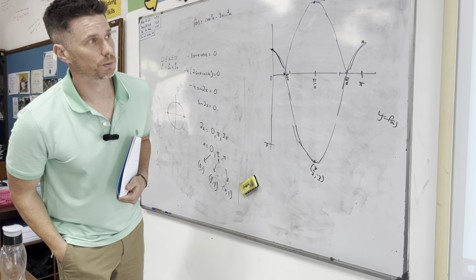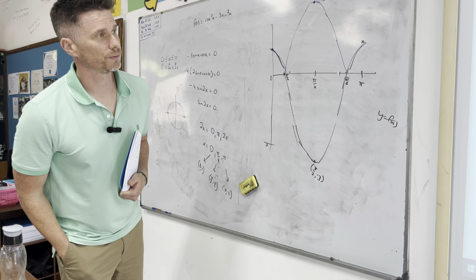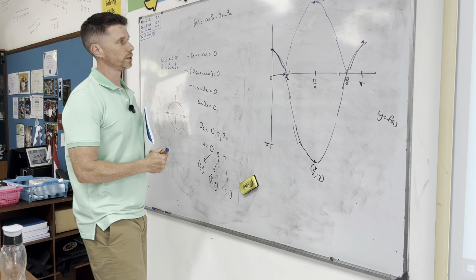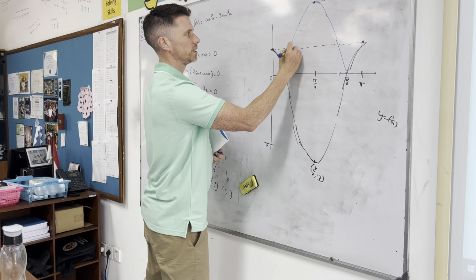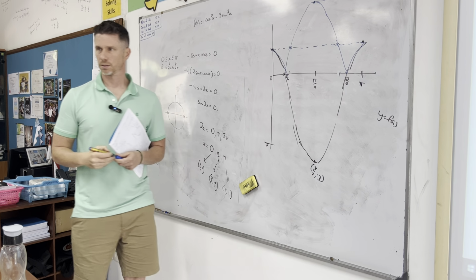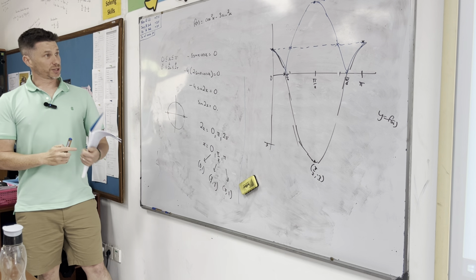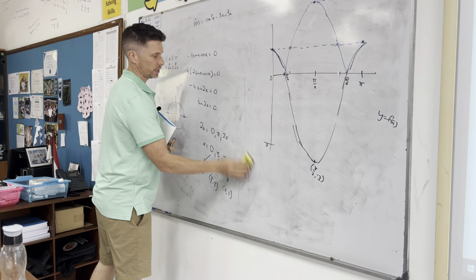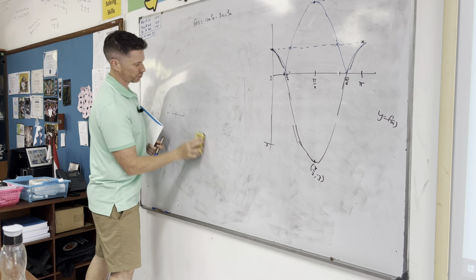Hence or otherwise, solve the inequality where the absolute value function is greater than 1. So we need to find here and here. So we need to solve the original function, and this is where the little trick is.